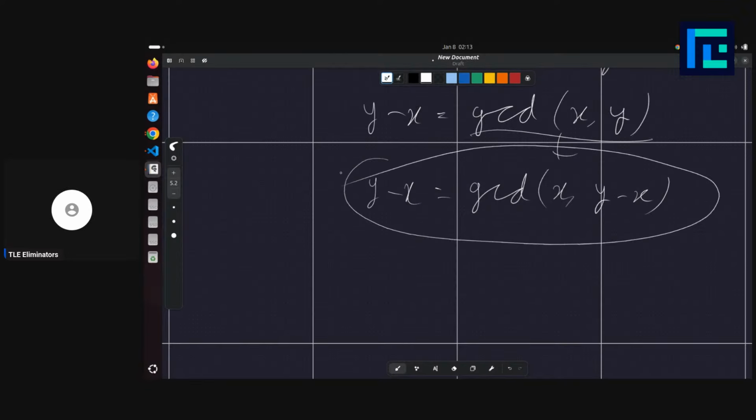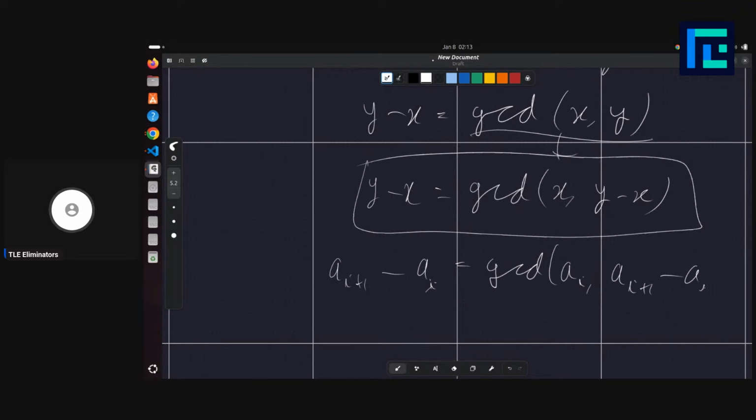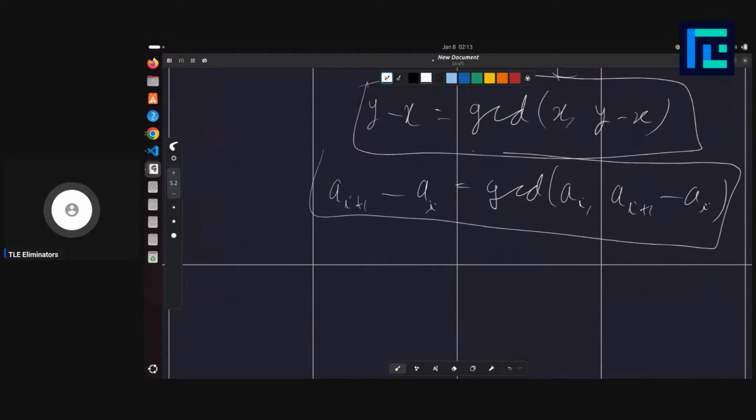So basically, I have this condition, that a of i plus 1 minus a of i should be equal to the GCD of a of i comma a of i plus 1 minus a of i, right? This is my condition.